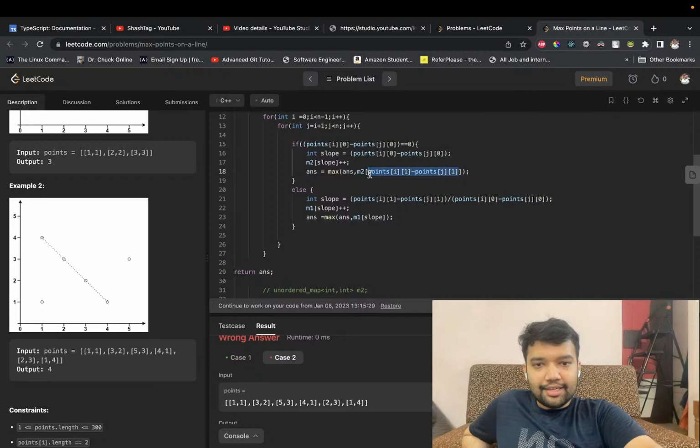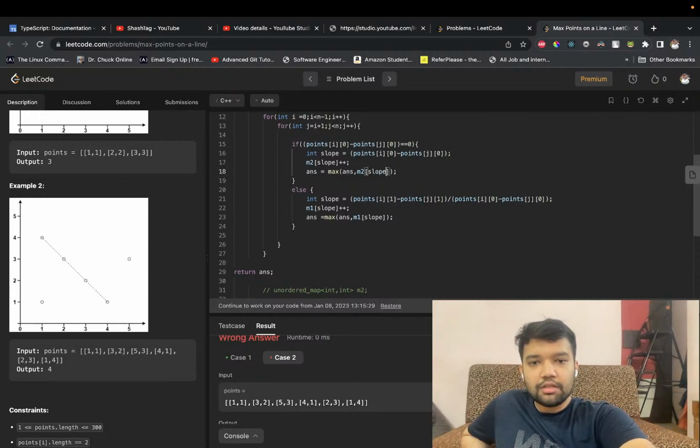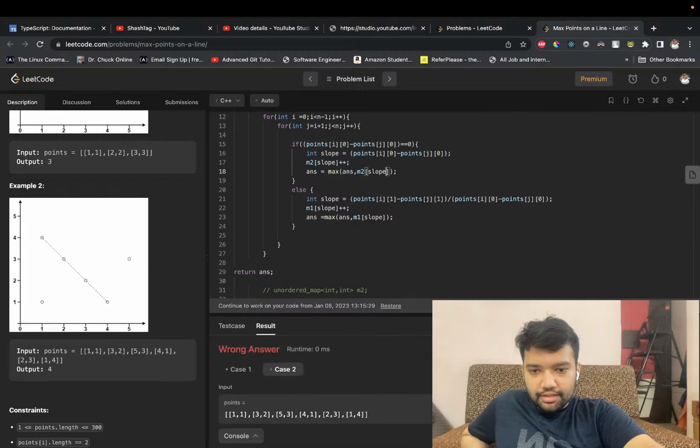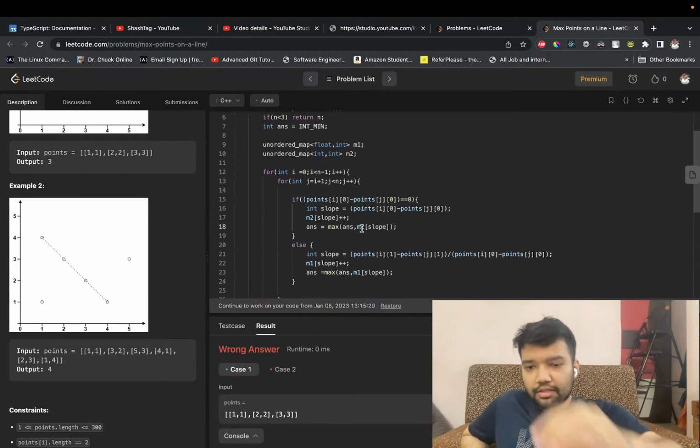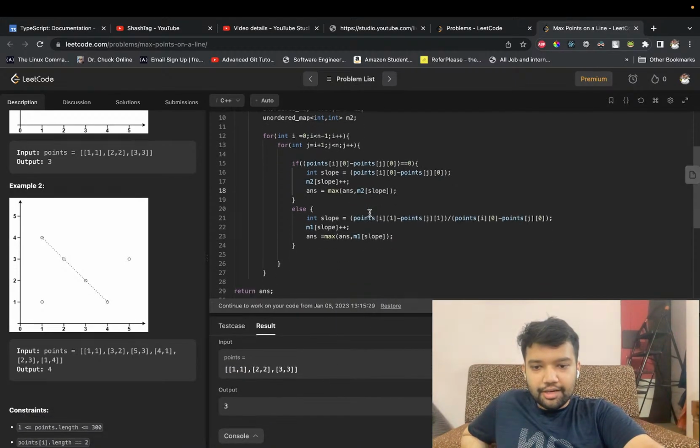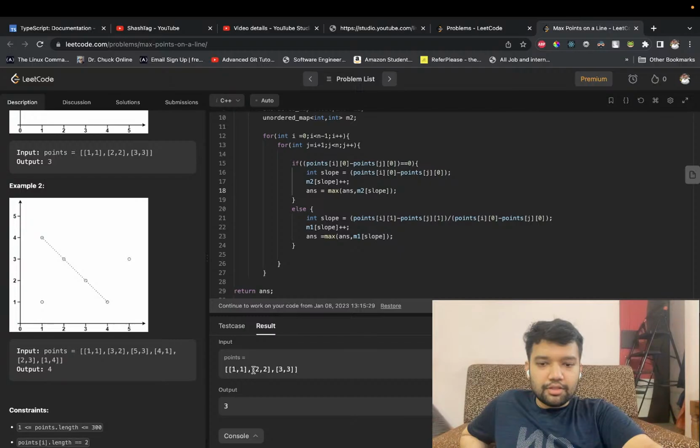It's like identical. Okay, so why are we getting six here? By logic, I think for this case also the answer should be two and then we should add one, because it will be one and then it will compare with this.